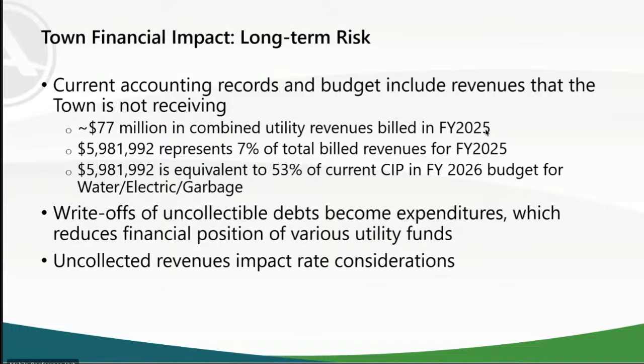So that lingering variance is about 7% of your total revenues. Think about that in the context of the rates we set. In terms of expenses, another way to look at it is that it's about 53% of the CIP for garbage, water, and sewer in the current fiscal year.